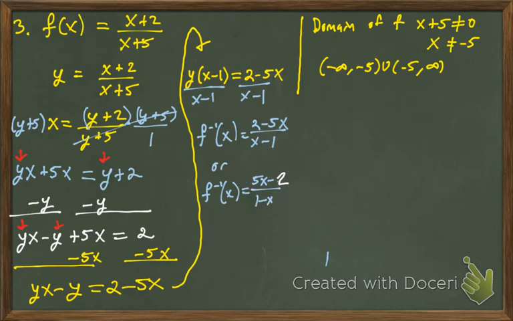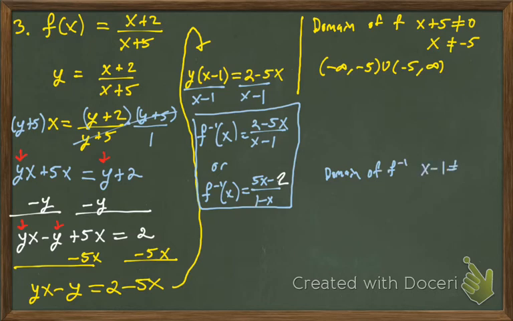Okay, all right, so now you've got your inverse, and your inverse does have a denominator, so it's going to have a restriction. So we're going to go ahead and find that. So the domain of f inverse, we're going to set x minus 1 cannot be 0, so x cannot be 1. So our domain of f inverse is going to be negative infinity to 1, union 1 to infinity.